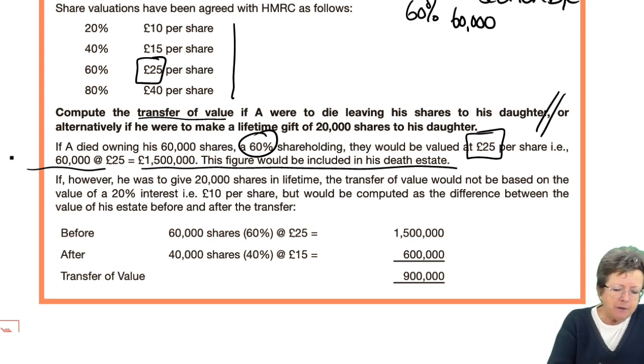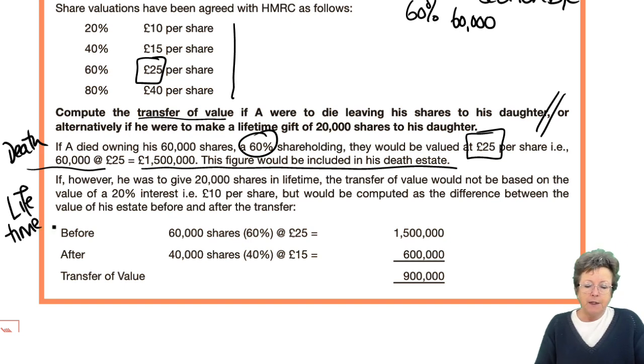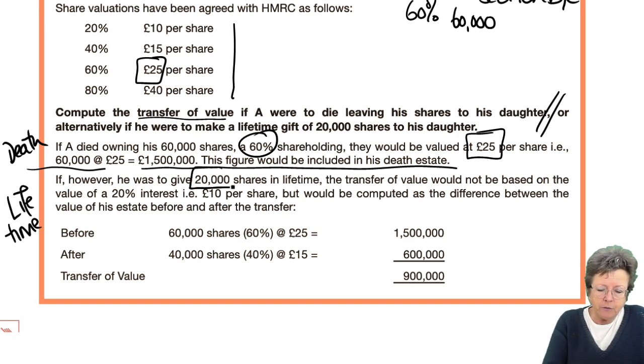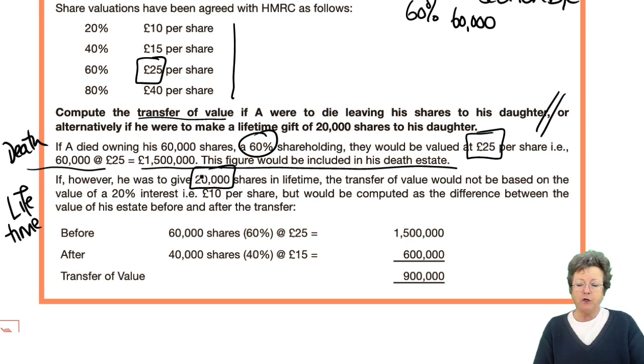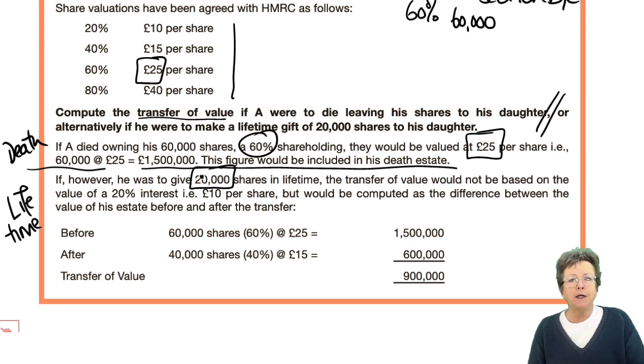This is a lifetime transfer. He's giving away 20,000. The transfer of value isn't based on that 20% value as it would be for capital gains tax.